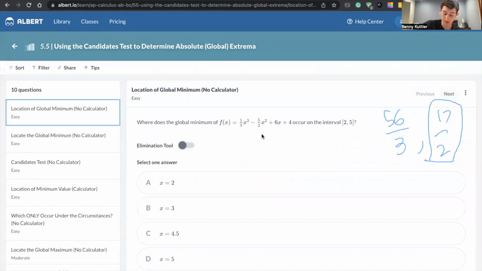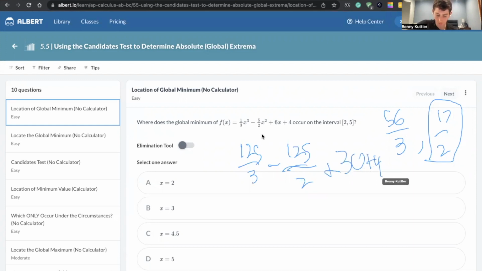So 5 times 5 to the third is 125. Over 3 minus 25 minus 125 over 2 plus 6 times 5, 30 plus 4.